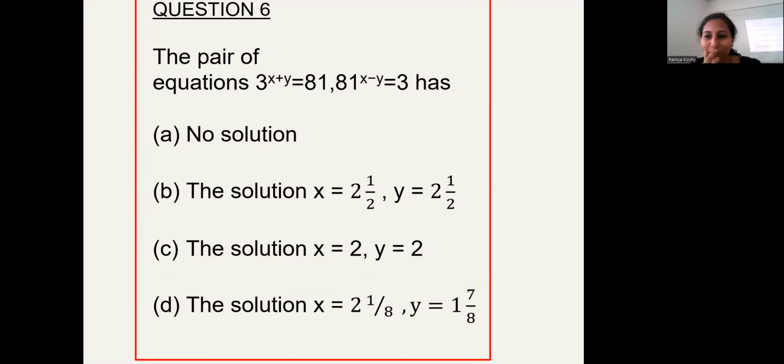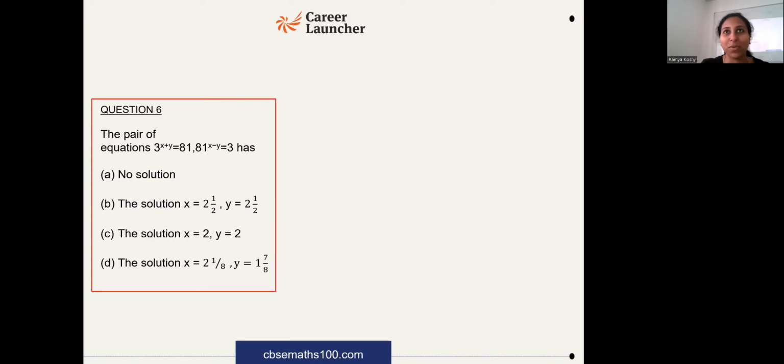I'll just do it. One possible way is to substitute the options. Because it's an MCQ, you have that advantage. You can just calculate the value of x plus y everywhere, calculate the value of x minus y, and then substitute and check which one satisfies.